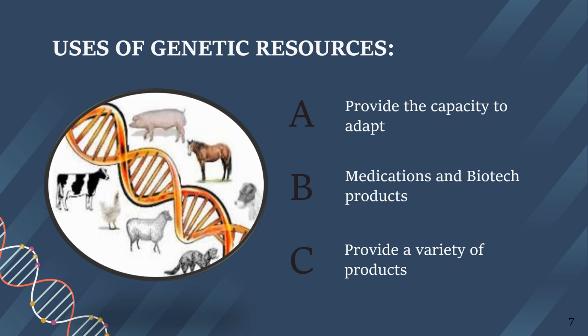Diverse animal genetic resources provide the capacity to adapt and face any emerging disease, climate change, and also pressure on feed or any other supplies. Many medications and biotech products are also a way to utilize a genetic resource. It also provides people with products of a huge variety, including milk, meat, eggs, fiber, etc.